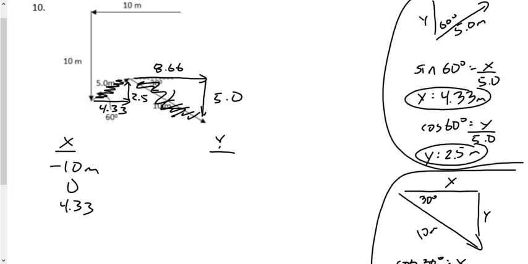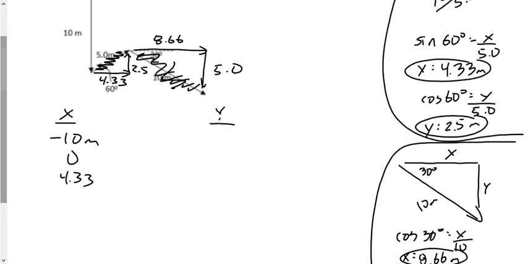What about the next one, the 10-meter one? Victoria, what about the 10-meter one right here? Good. 8.66. Negative 10 plus 4.33 plus 8.66 is, I think it's negative 3, isn't it? 2.99?